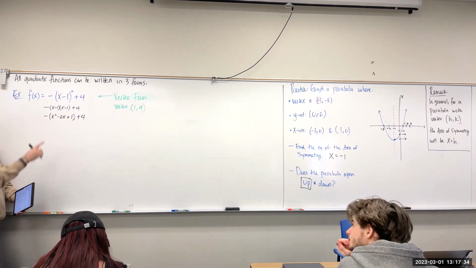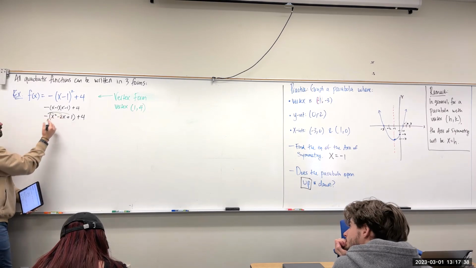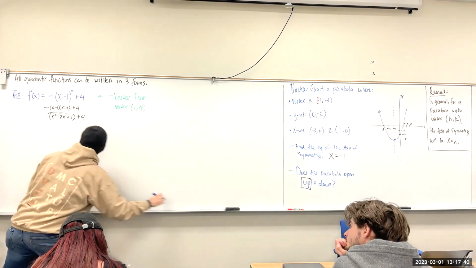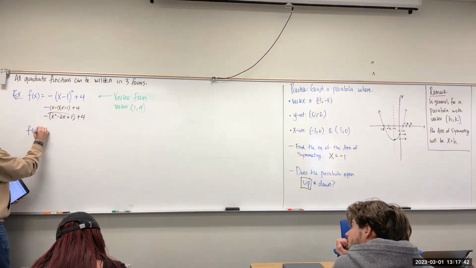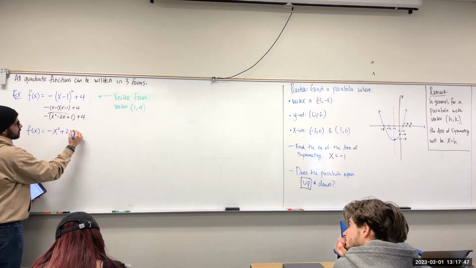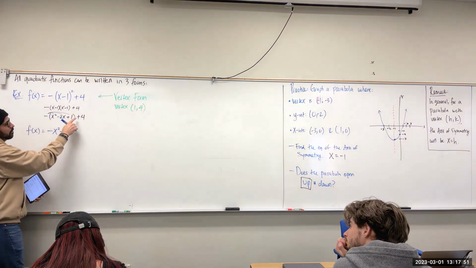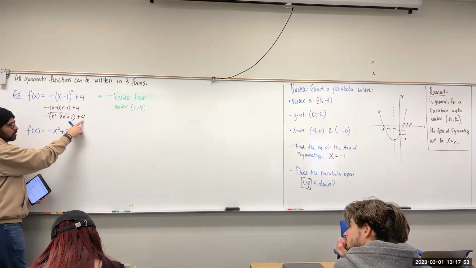But I have to put it in parentheses because I have that negative. And then we distribute the negative. And so we end up with negative x squared plus 2x minus 1 plus 4 plus 3, right?